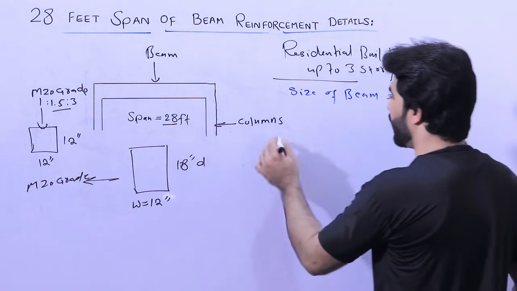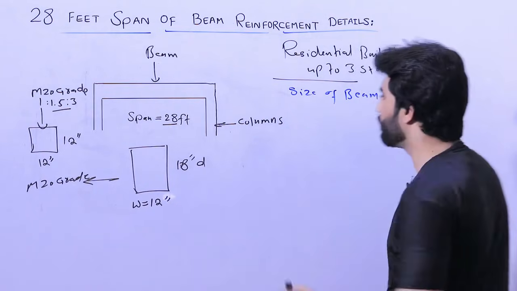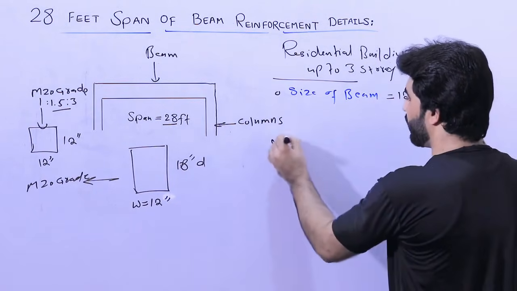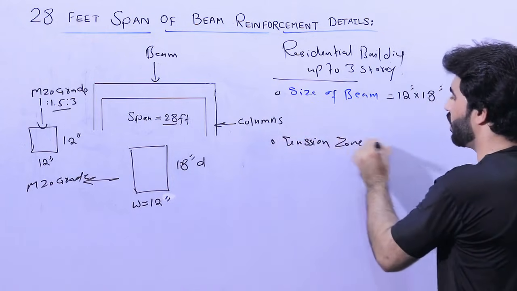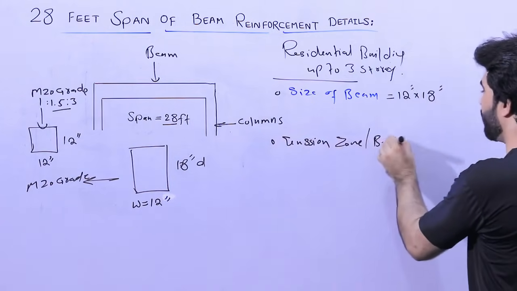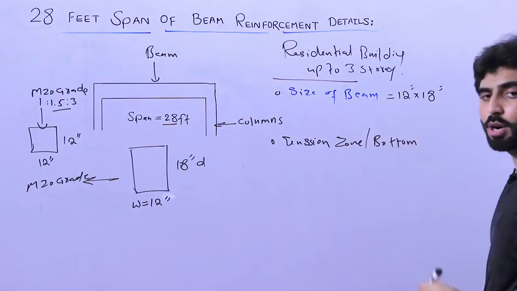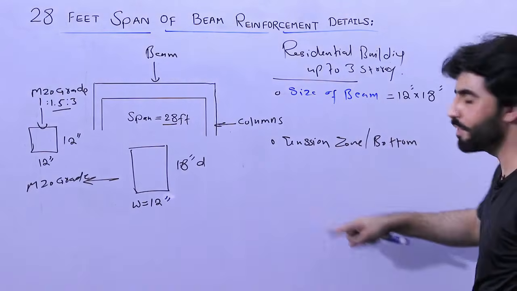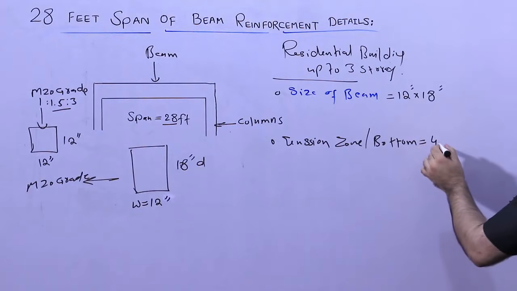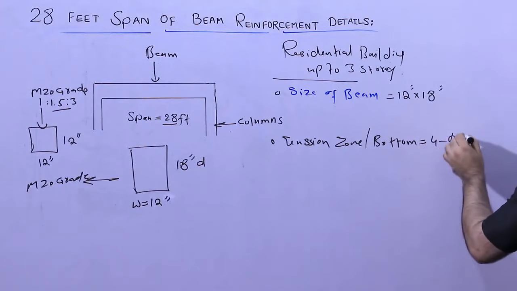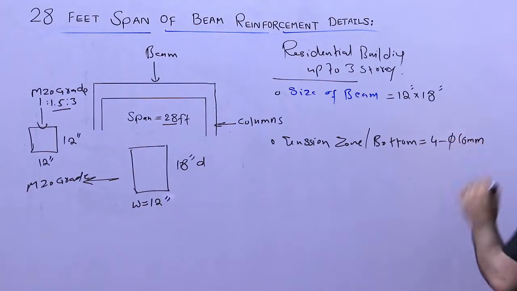So this is size. And now let me guide you for steel reinforcement, where we have tension zone, or you can say bottom. At the bottom of this beam, we used 4 bars, where the dia was 16 millimeter.